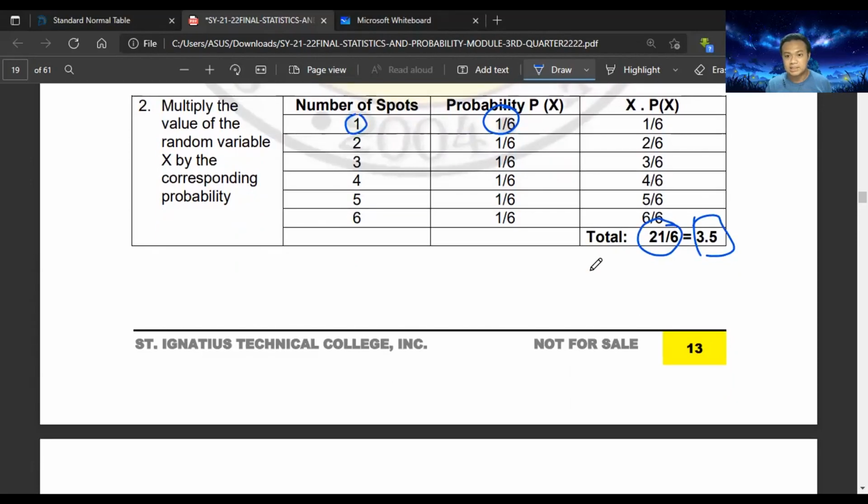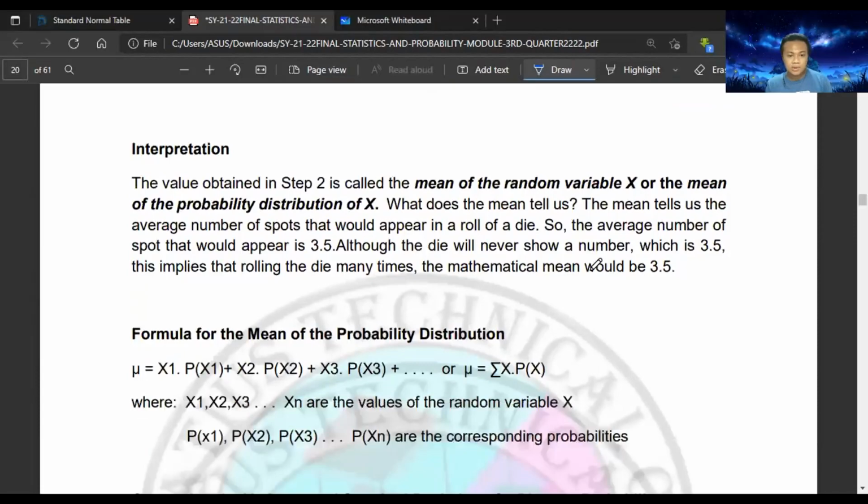The value obtained in step 2 is called the mean of the random variable x, or the mean of the probability distribution of x. What does the mean tell us? It tells us the average number of spots that would appear, which is 3.5.